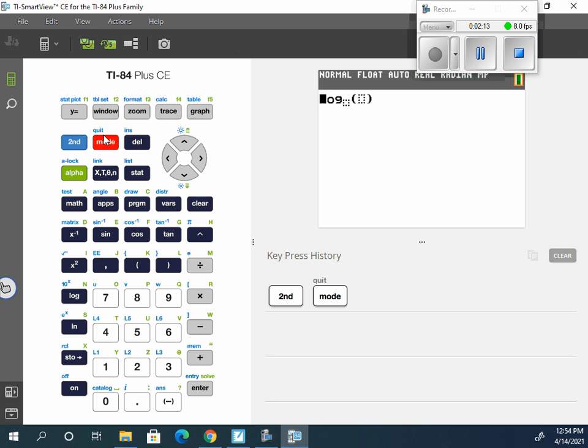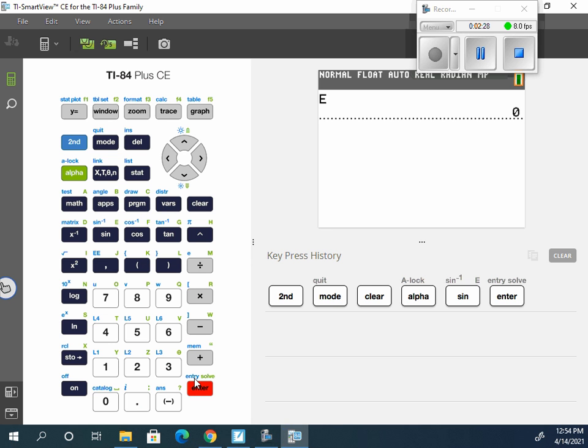The one we don't want is the alpha sign e, because it's defined as 0. It's a variable we can use. But the e that we're looking at would be second ln.